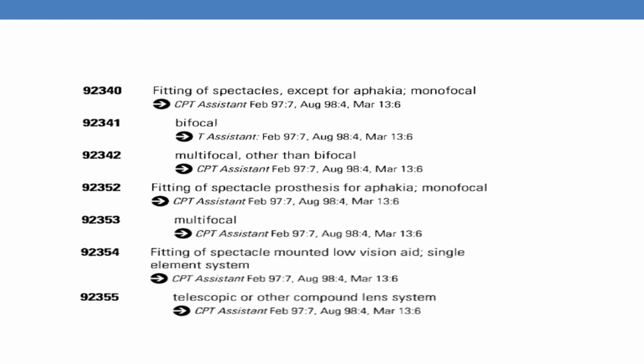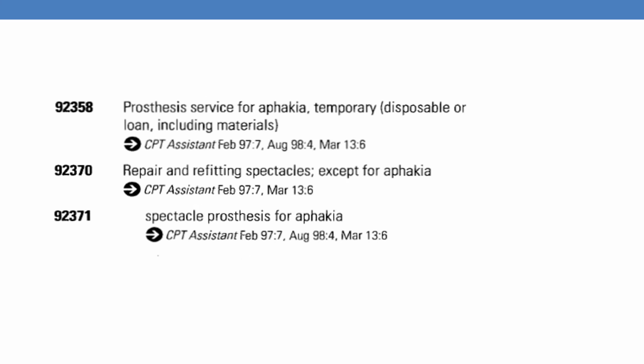If it is telescopic or other compound lens system, the CPT is 92355. The next CPT is 92358. It includes prosthesis service for aphakia, temporary, that is disposable or loan including materials.